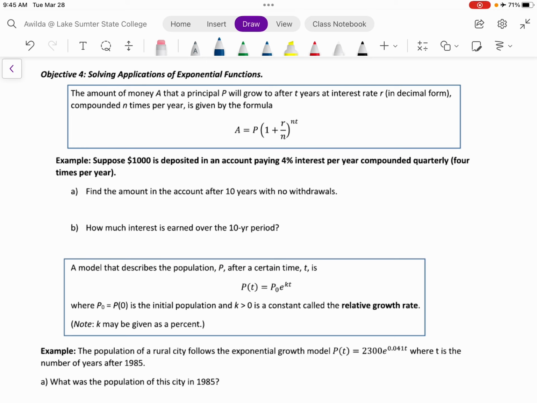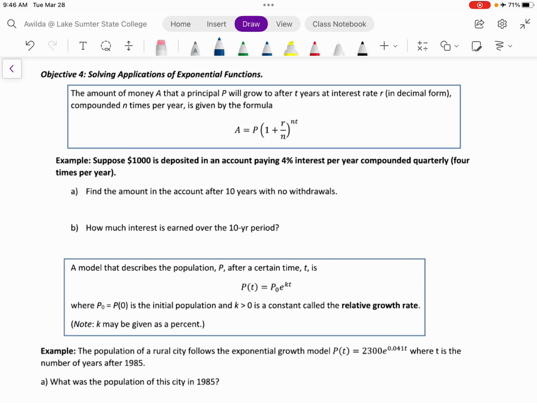Suppose that $1,000 is deposited in an account paying 4% interest per year, compounded quarterly, so that's 4 times per year. We're asked to find the amount that will be in the account after 10 years when there have been no withdrawals. So the first thing we need to do is identify what P, R, N, and T all stand for.